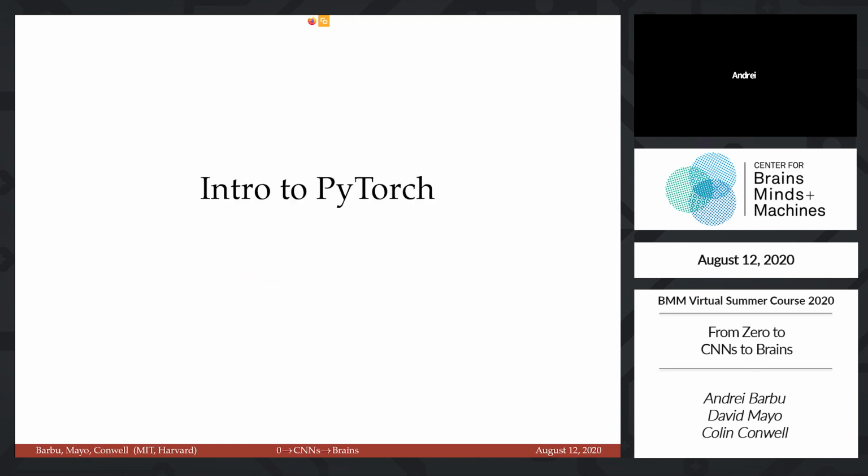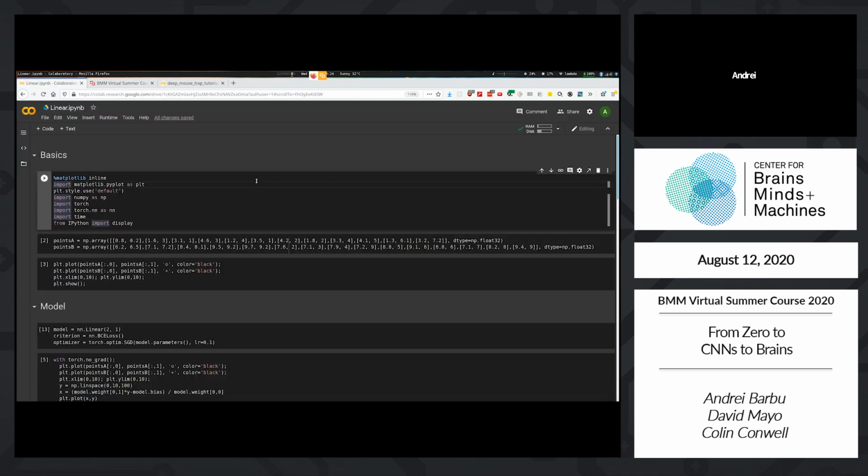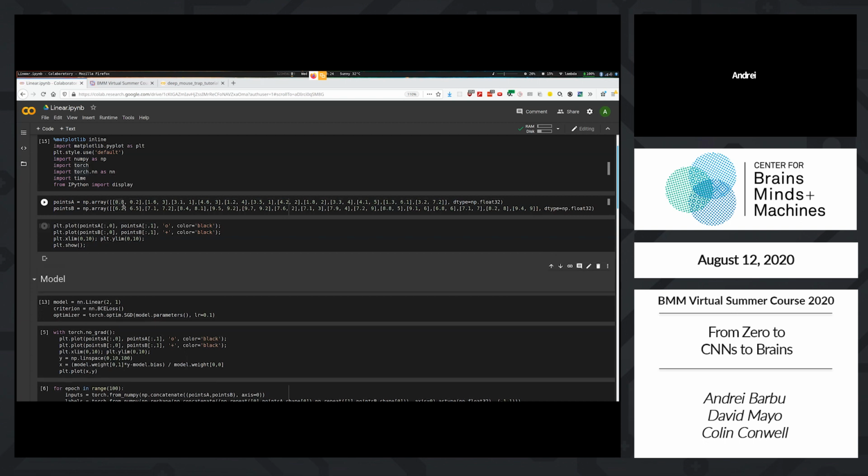So just to show you what this looks like in PyTorch, and again, we're going to share these Colab worksheets with you. There's some basic preliminary setup that you have to do, importing some basic libraries. We won't go over that too much. I just entered the coordinates of the points from that earlier slide, and we could just show them inline.